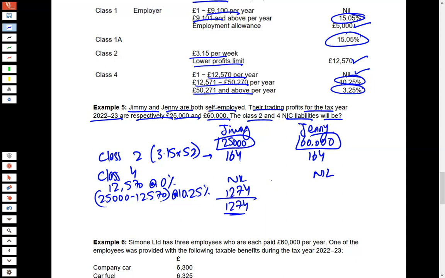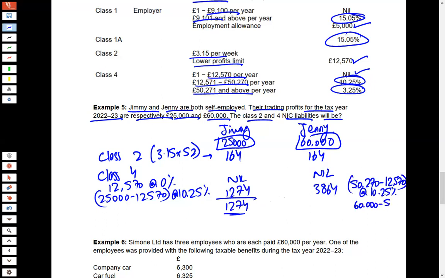Whereas for Jenny, 50,270 minus 12,570 at the rate 10.25%, which is 3864, and it is 60,000.